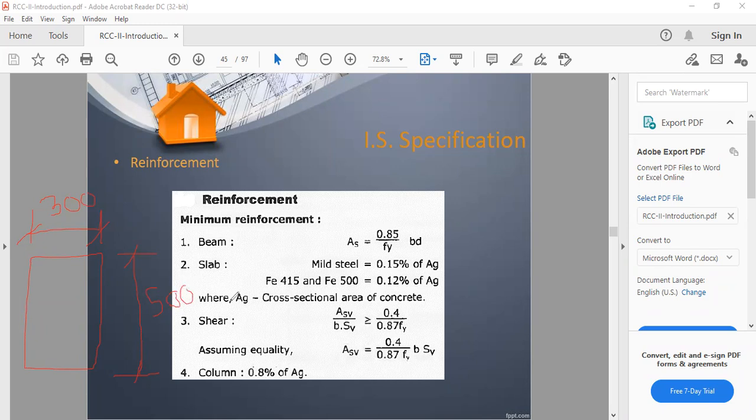Since this is a rectangular section, width is 300, total depth is 500. So the cross-sectional area would simply be the area of the rectangle, which equals width multiplied by depth, and that is nothing but the cross-sectional area.